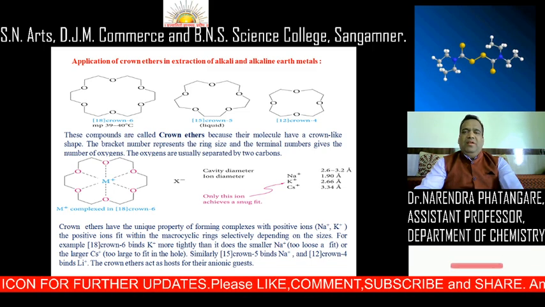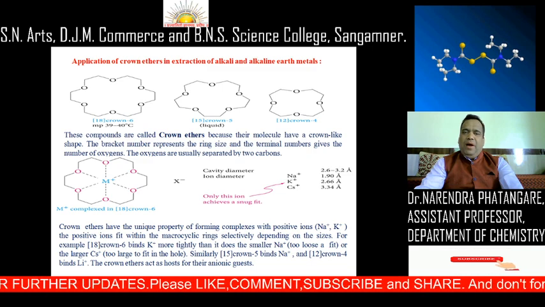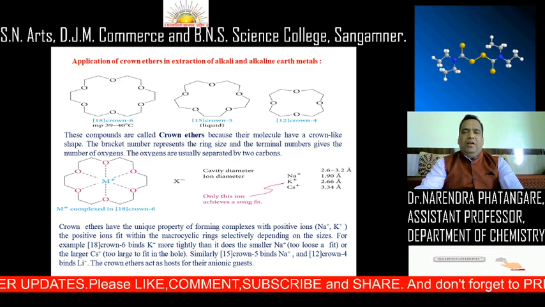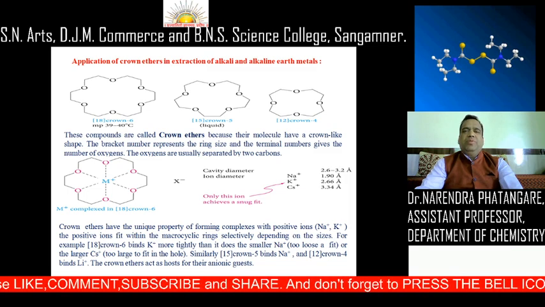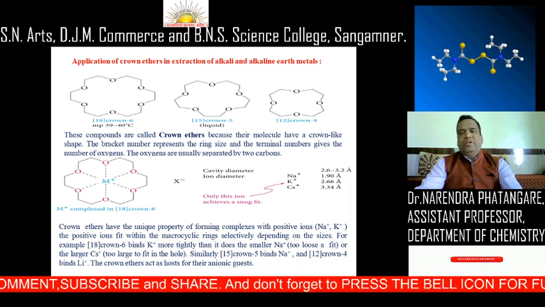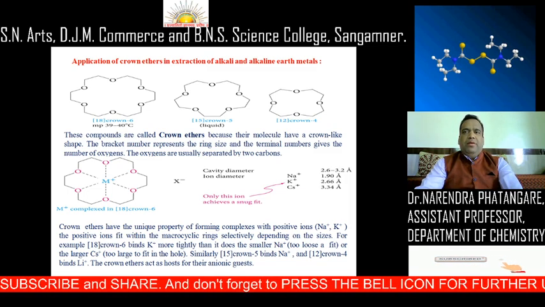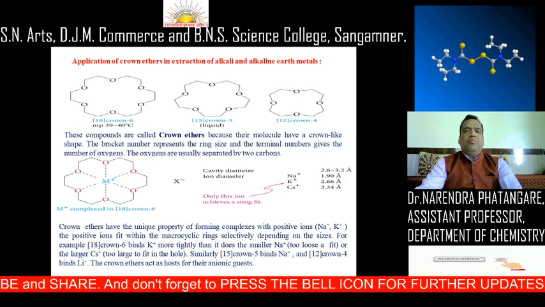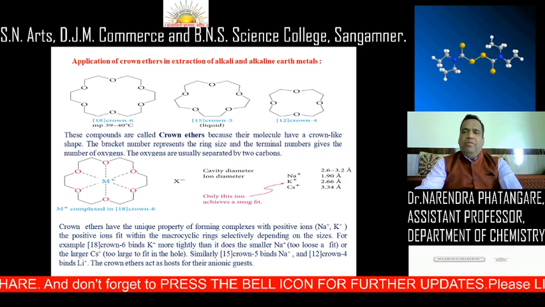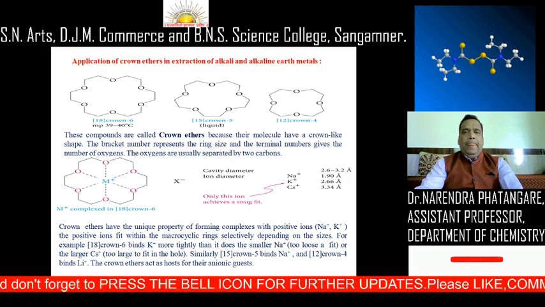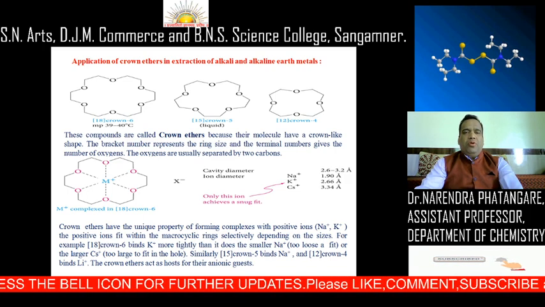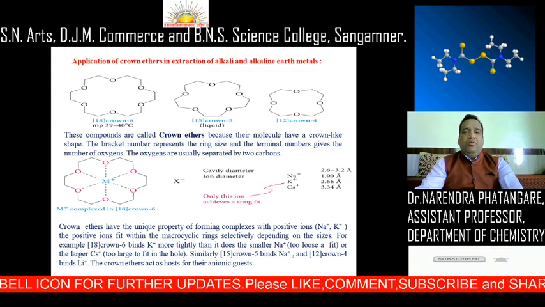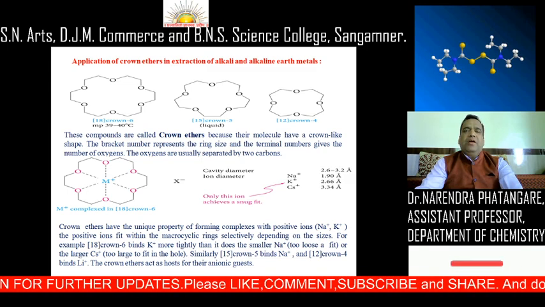By nomenclature, it is known as 18 crown 6 on the basis of the number of atoms attached to it. Summing all the carbon atoms and oxygens, we get the number 18. Crown means the crown-like shape, and 6 means the number of oxygens. On the basis of that, they are given the nomenclature 18 crown 6.